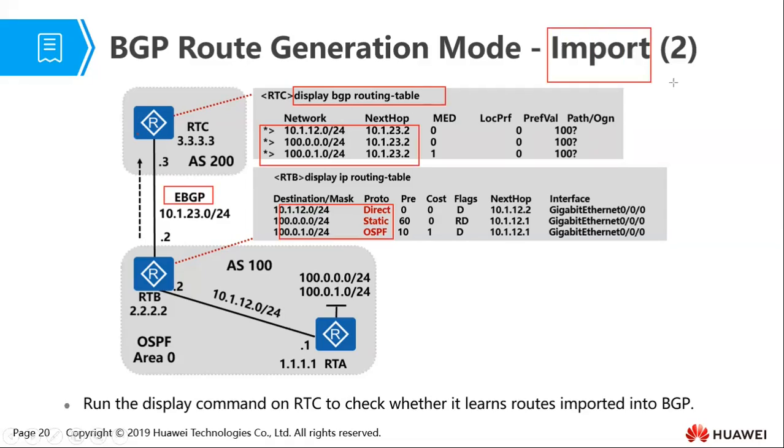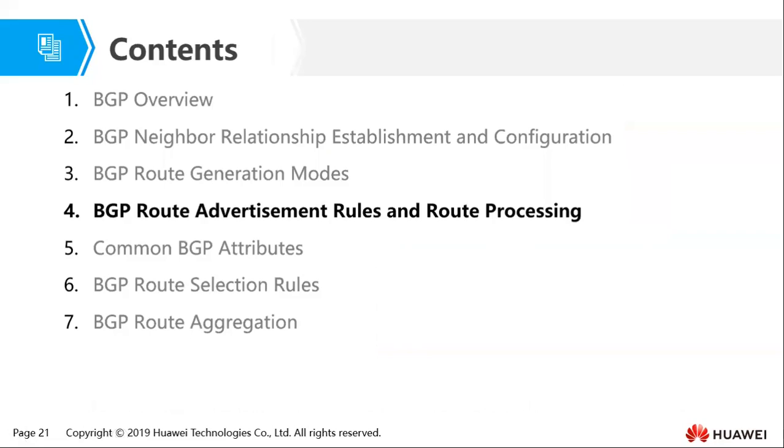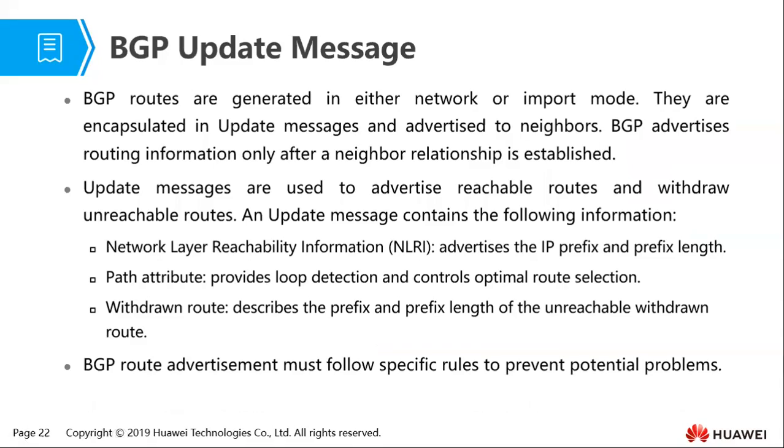And this time we use the import command and not the network command. So those are the 2 ways in which you can advertise routes to your BGP neighbors. Now let's look at BGP route advertisement rules and route processing. Okay.